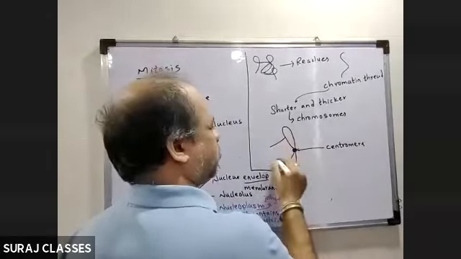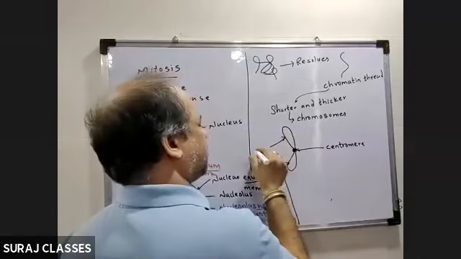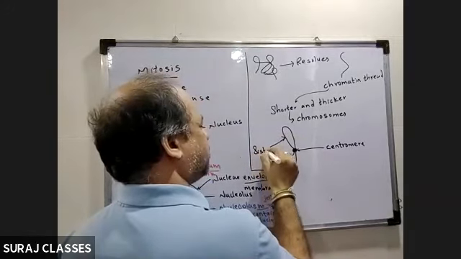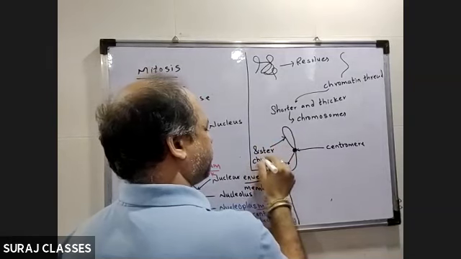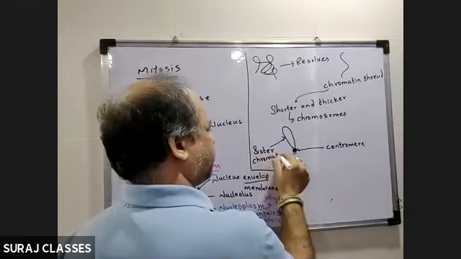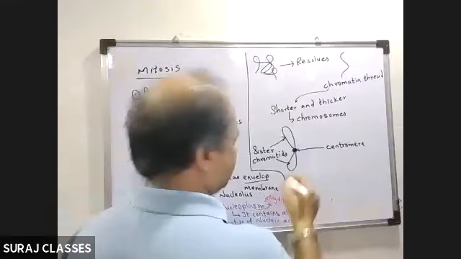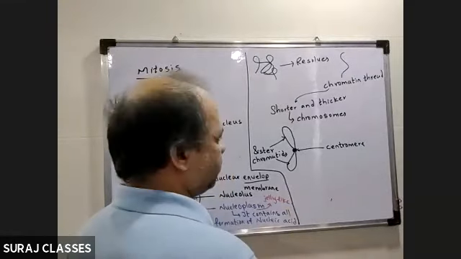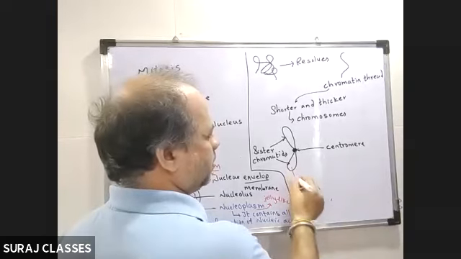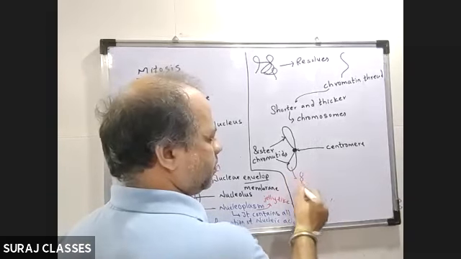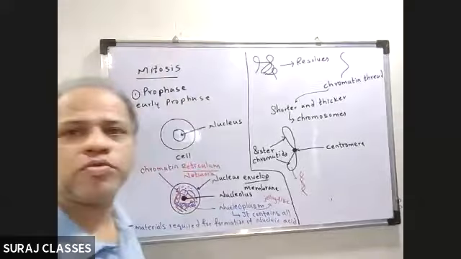These 2 are called sister chromatids. In the chromatid there is DNA.